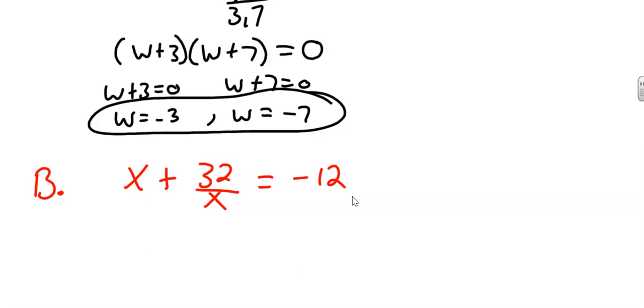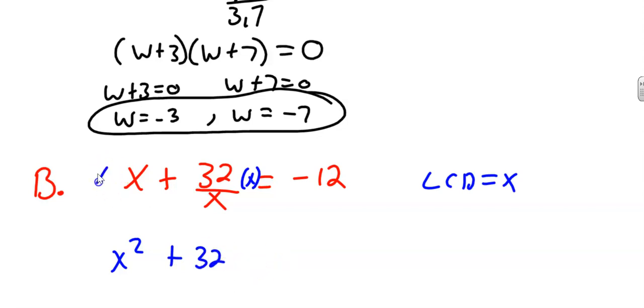The denominator is really straightforward because it's just x. So we're going to go back and multiply every single term by x. Okay, so if you do that, x times x is x squared. These x's, when you multiply this times x, those are going to cancel, leave you with a 32. And on the end here, do negative 12 times x, that's a negative 12x.